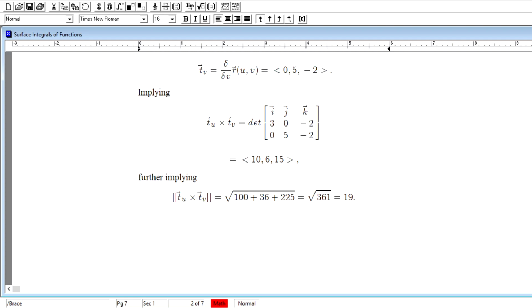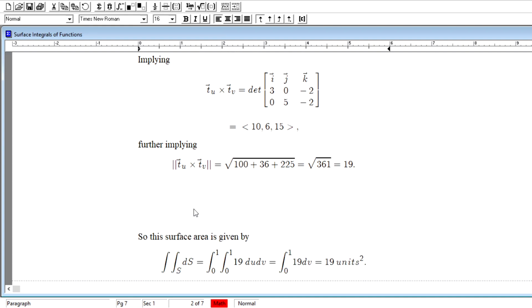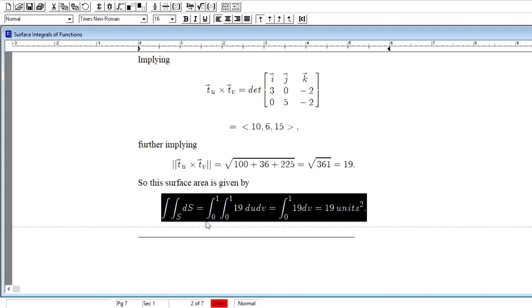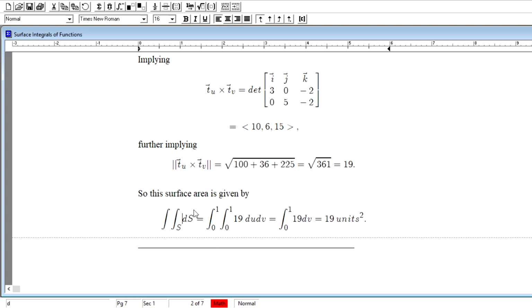So if I set that up down here to give me the surface area for that planar surface, that double integral over that surface with respect to the surface when the integrand is simply 1 is equal to, like we said, just the double integral over region R, which is defined as being values of u between 0 and 1 and values of v between 0 and 1 simultaneously, for an argument given by the scalar multiple of this magnitude, the square root of 361 or 19 in value, which when you integrate it with respect to u is just 19u, and when evaluated from 0 to 1, that becomes again 19.